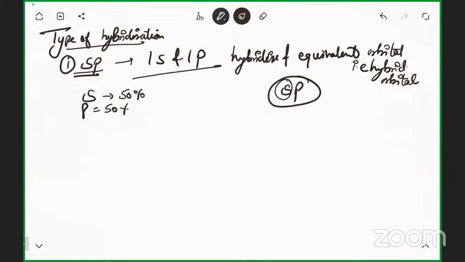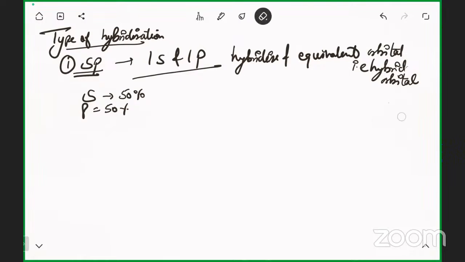There are 1 and 2 orbitals, so 100 divided by 2 equals 50%. It means 50% is S and 50% is P. It's a basic thing: the total character must be 100. So if 2 orbitals are there, just divide by 2. So that is 50% S and 50% P orbital.